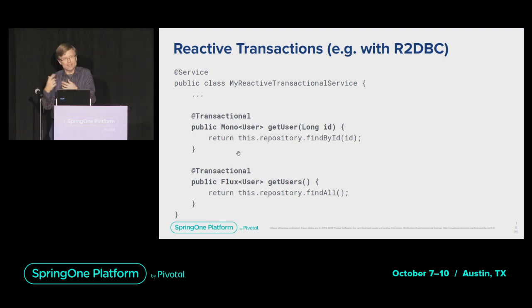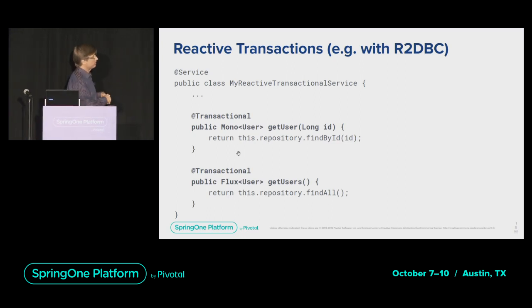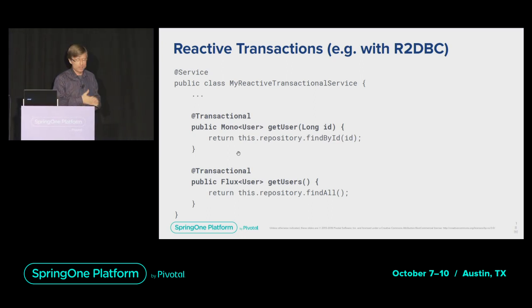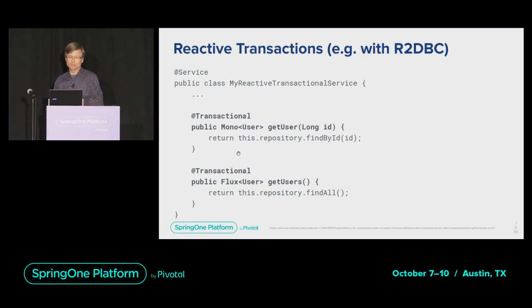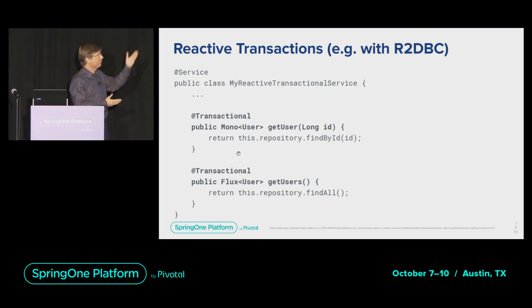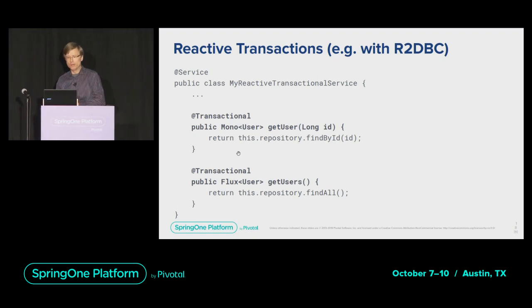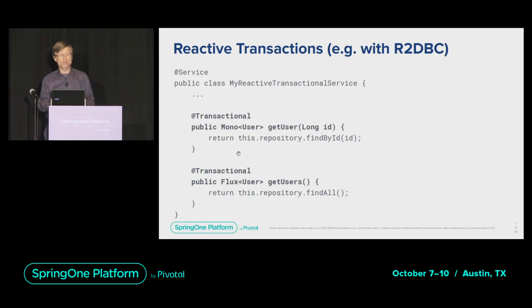So it essentially does the same thing that a thread-bound transaction does, but it applies it in a different way. We can do this to essentially any reactive type, but it's most straightforward if you use the Reactor types, as we commonly recommend. If you use Mono and Flux, there are dedicated code paths for optimizing it when you choose to use those.